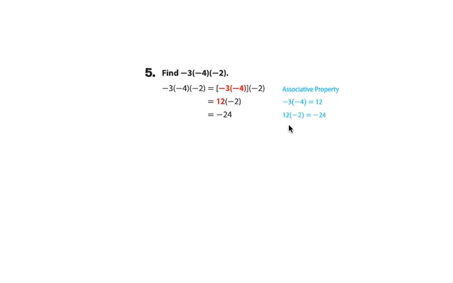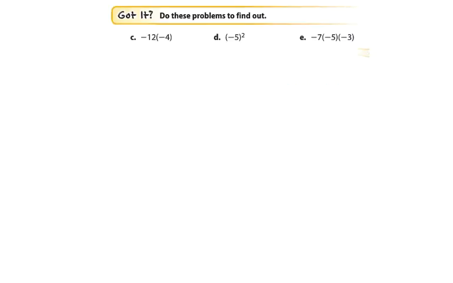Positive 12 times negative 2 is actually going to give me a negative 24. So we took it piece by piece, one step at a time. All right, go ahead and try these on your own. So go ahead and pause and try.